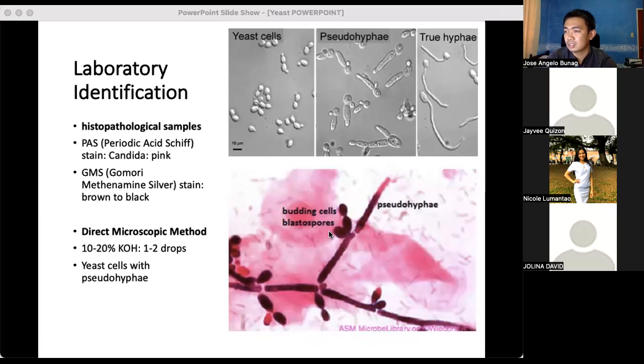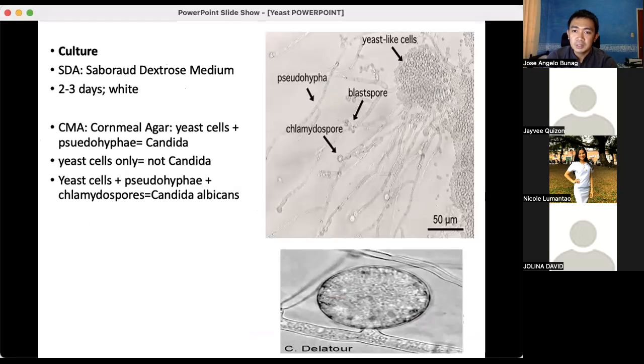And this is an example of a histopathologic slide stained with periodic acid Schiff stain that shows pseudohyphae and the budding cells, specifically blastospores. Now for culture, we have your SDA or Sabouraud dextrose agar.